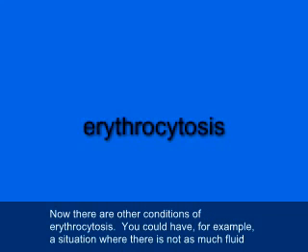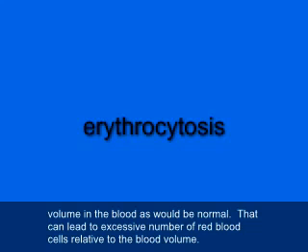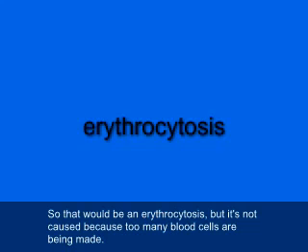Now, there are other conditions of erythrocytosis. You could have, for example, a situation where there's not as much fluid volume in the blood as would be normal. That can lead to an excessive number of red blood cells relative to the blood volume. So that would be an erythrocytosis, but it's not caused because too many blood cells are being made.